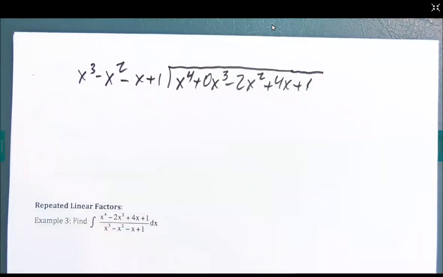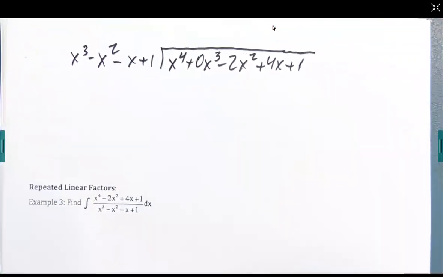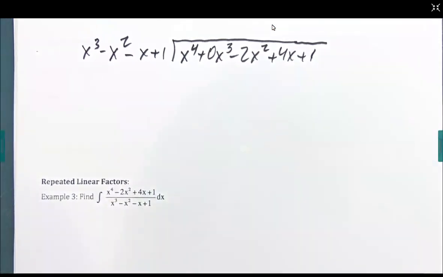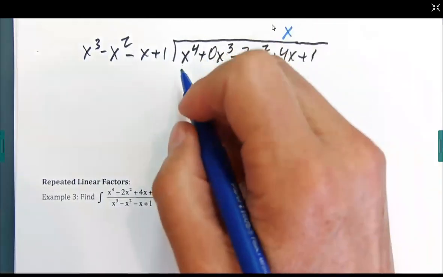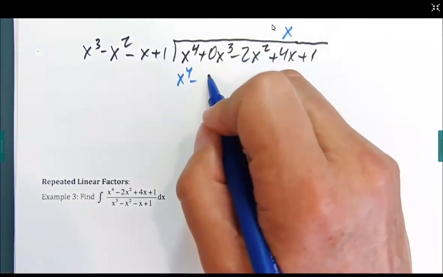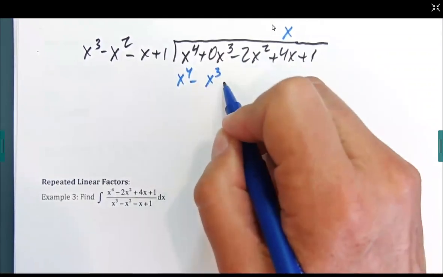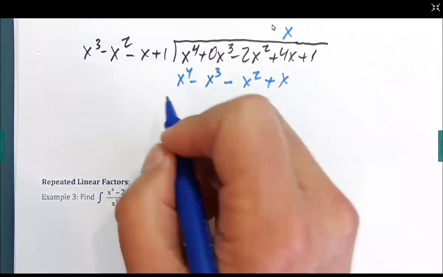If you're wondering if we need to do this, the answer is yes, we do need to do this part of it. Okay, so I need x. X gives me x to the 4th minus x cubed minus x squared plus x.